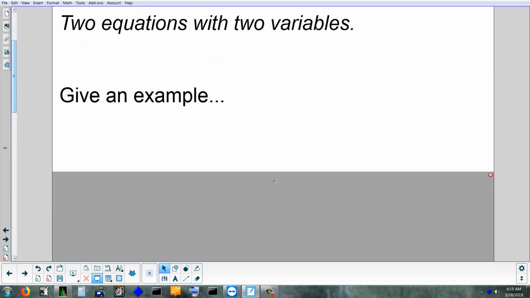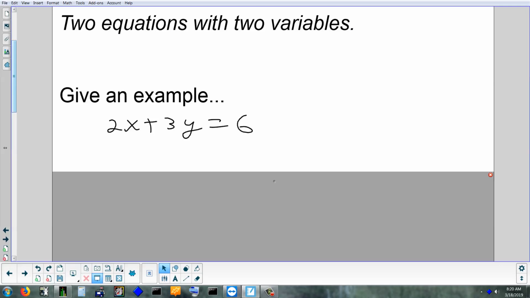All right, so an example of a system. What letters do we normally use if it's not a word problem? X and Y. All right. There's an example of an equation that could be part of a system.